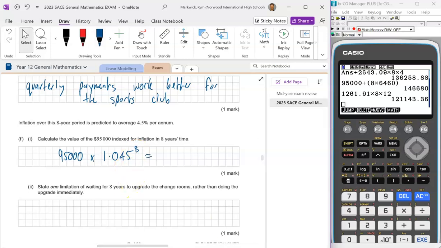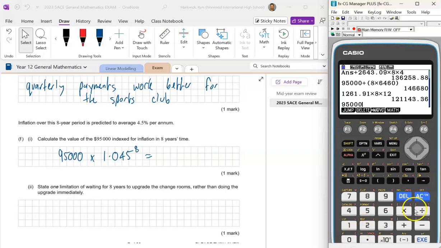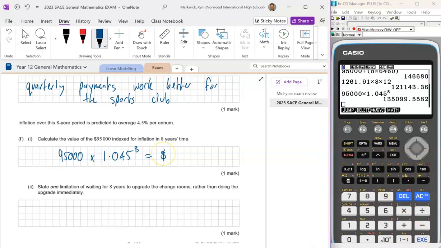So another simple calculation in our run function, 95,000 times by 1.045, all to the power of 8, works out to be $135,099.56.